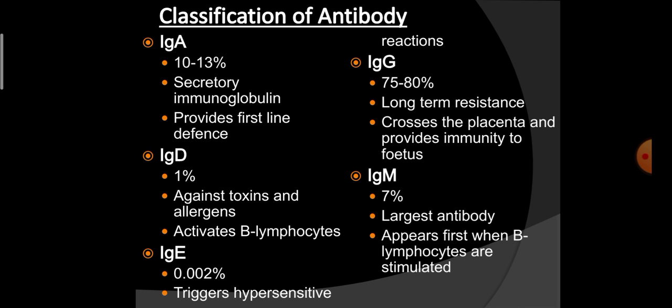We will be discussing active and passive immunity in the next video. We have to remember the main characteristics of all these immunoglobulins: which is the immunoglobulin that can cross the placenta, which is present in colostrum, which activates B lymphocytes. All those you have to know.